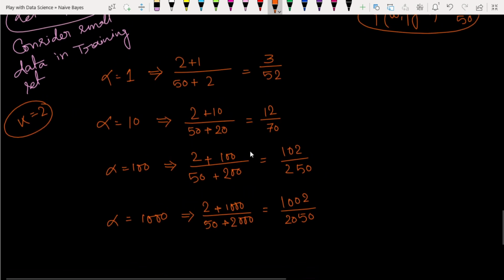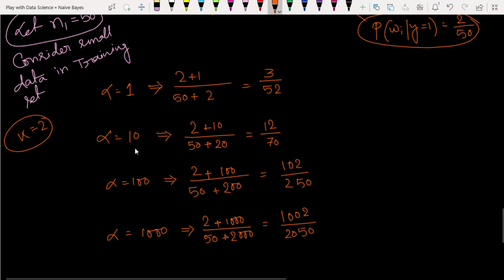If you see, when we simply increase the value of alpha, the value of this probability increases. It approaches about one half, more or less half, but stays less than half.